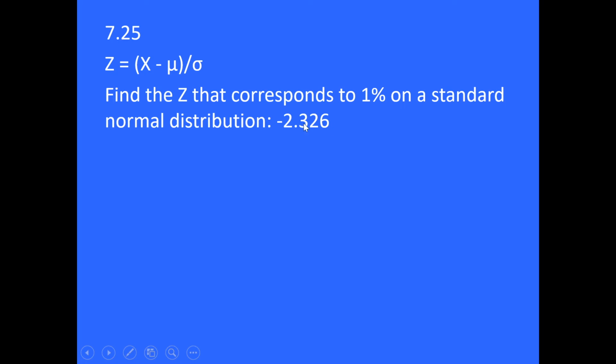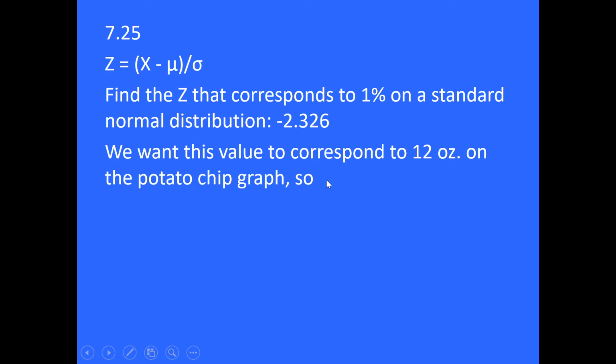So 1% is below that number. Now, we want to find a value on the potato chip graph that corresponds to that Z-score. In other words, we want this to equal that Z-score, and we want to know the standard deviation that will give us that relationship.